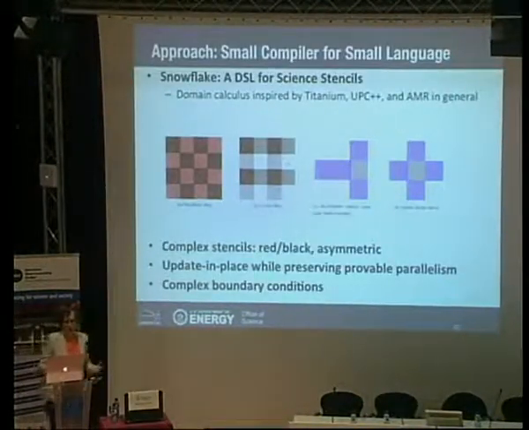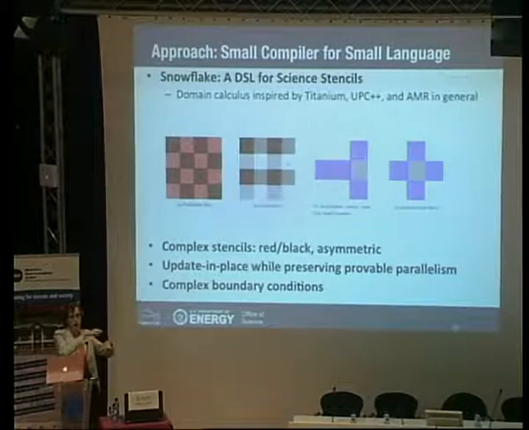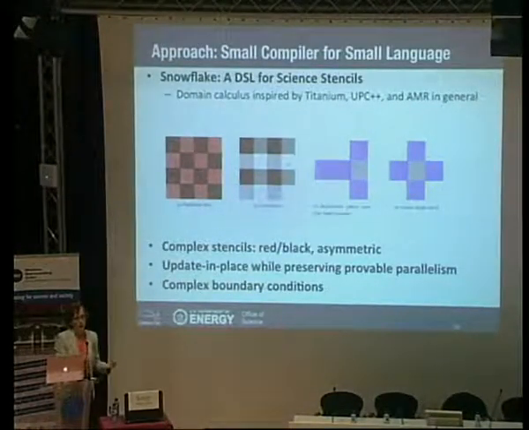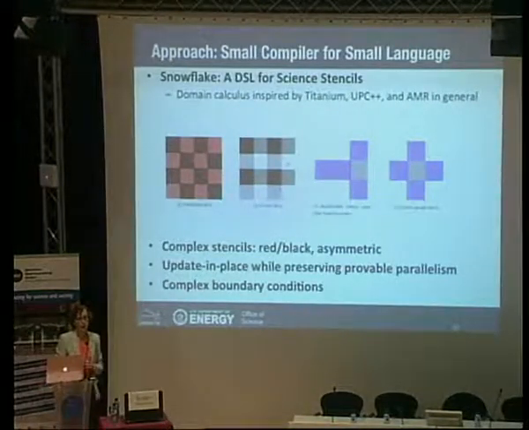We recently worked on a language called Snowflake. The problem with Halide is that it doesn't really handle complex boundaries. What you see in these adaptive mesh refinement codes is a lot of action happens where you have one patch at one level and another patch at another level, and they have to talk to one another, and that causes fairly complex indexing, and therefore very expensive manipulation of the data structures.